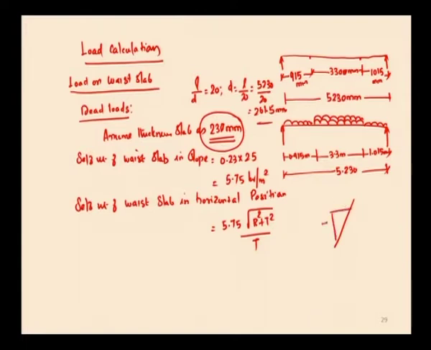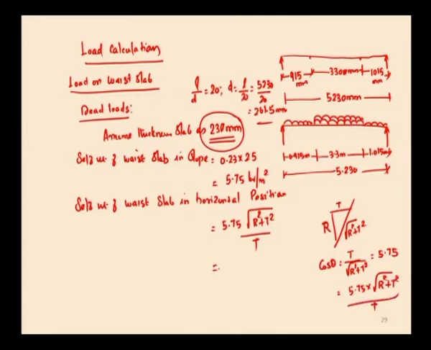Now, this is called as riser, and this is t, and this is square root of r squared plus t square. So, the horizontal component I need to find out, cos theta must be equal to t divided by square root of r squared plus t square, so the load must be 5.75 into square root of r squared plus t square divided by t.